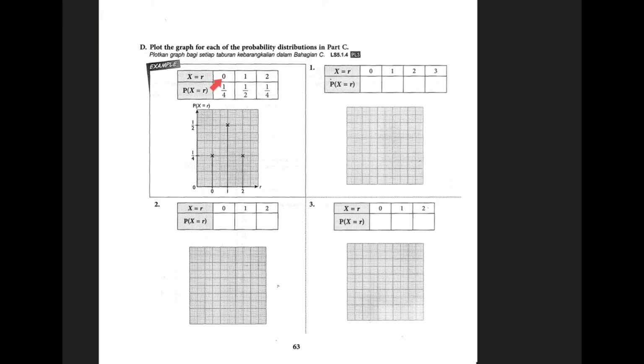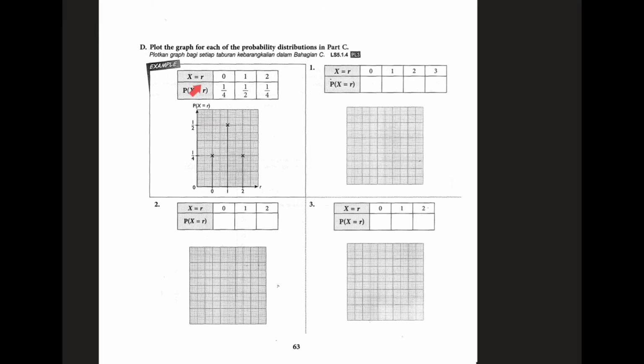The two fair coins, where the number of heads can be 0 heads, 1 head or 2 heads. The probabilities are here. So how do we plot the graph? We put it on a graph paper. For 0, you have to draw to the height of 1 over 4. Let's set the height here. For 1, you see it is 1.